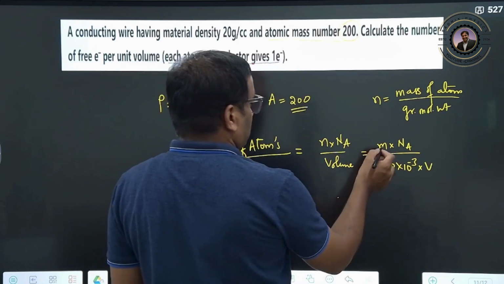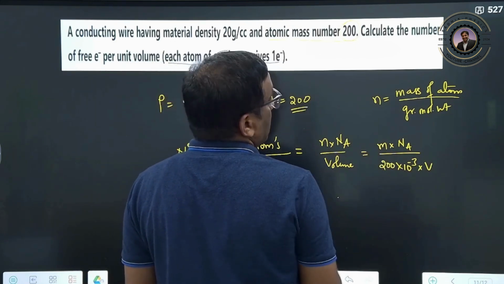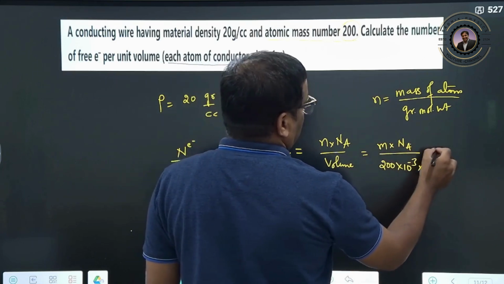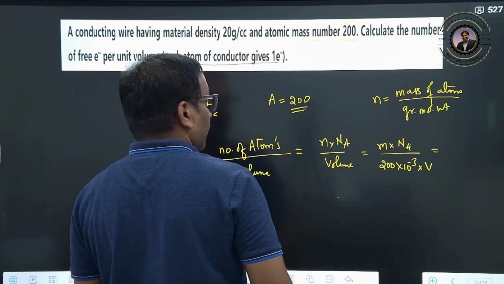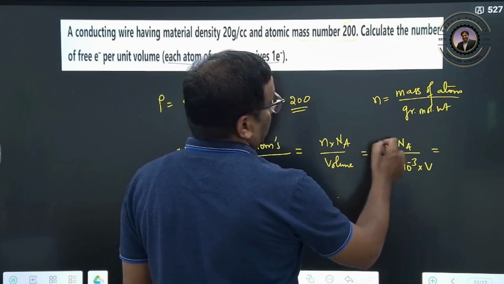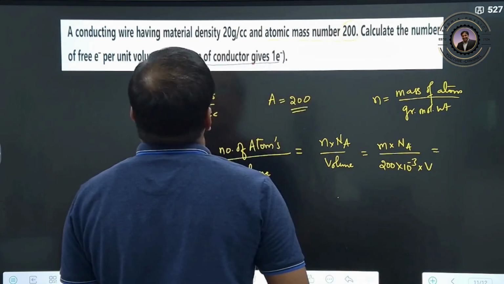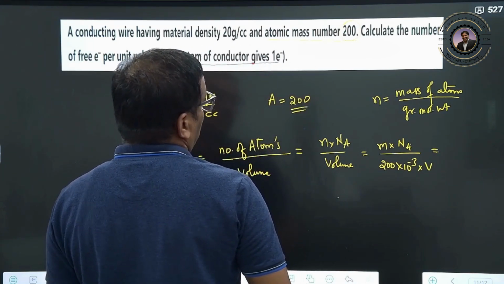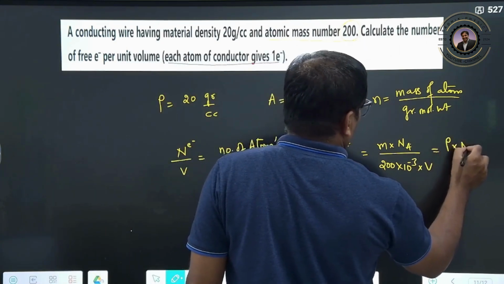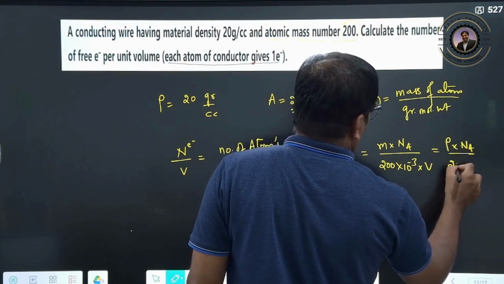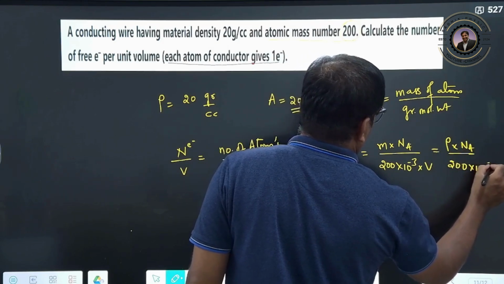So mass of each atom into number of atoms, we can rewrite it as, here, density into Avogadro number by 200 into 10 to the power of minus 3.